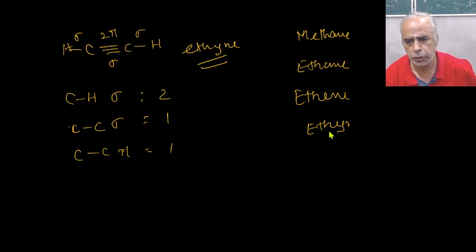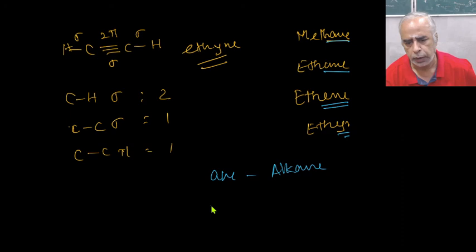They end with the suffix ane, whereas this is ene, this is yne. So ane is the suffix of alkane. Are you able to follow? Note down, alkane. Ene means alkenes.